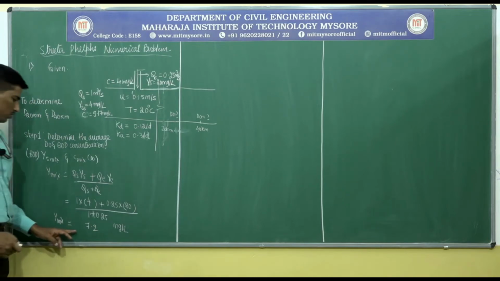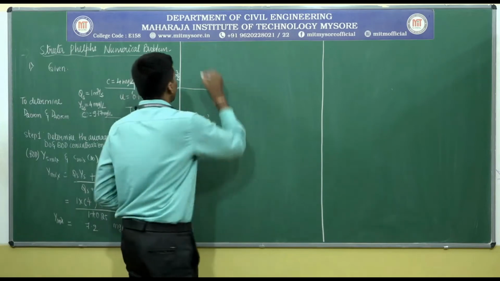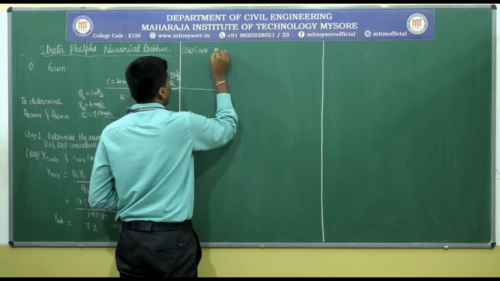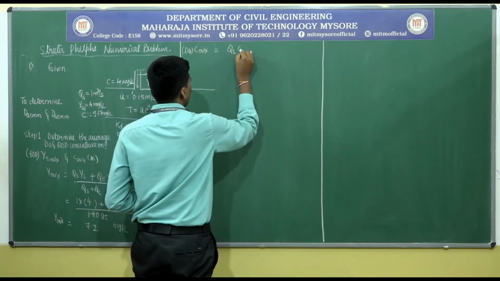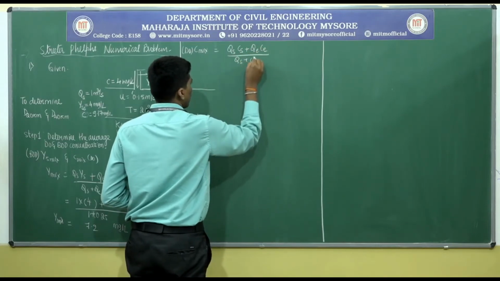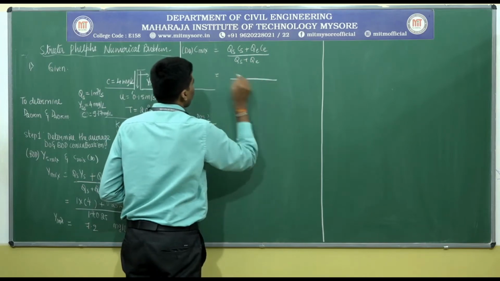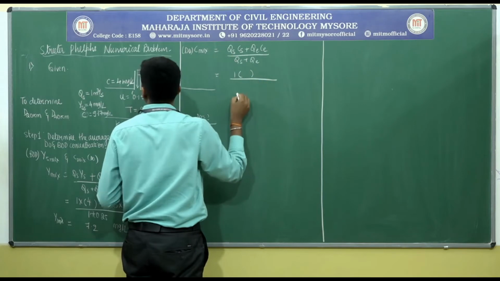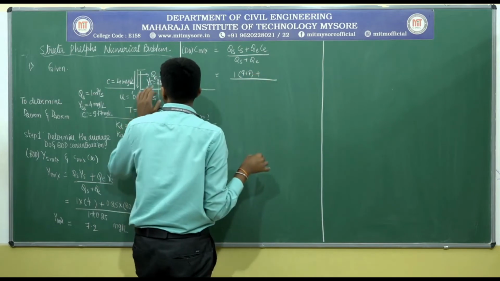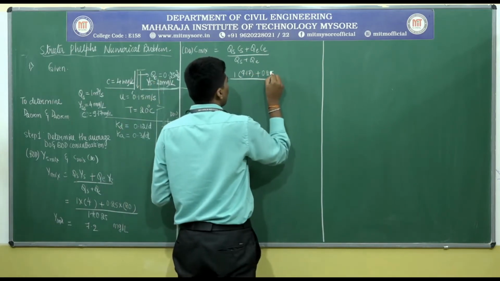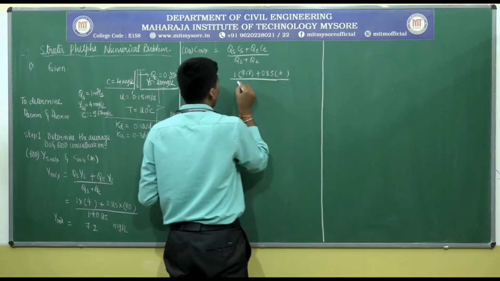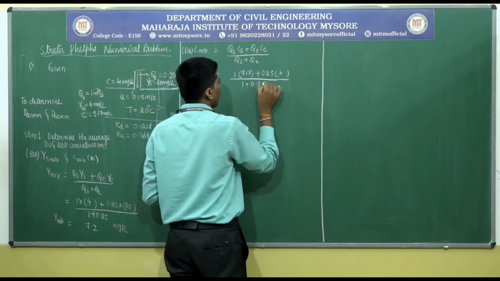Now we have determined the value of the BOD. Next is C mix. To determine the C mix, that is the DO mix, it is given as Qs into Cs plus Qe into Ce divided by Qs plus Qe, where the discharge is 1 into the concentration of the DO, 9.17, plus 0.25 into the concentration here, where C is given as 4, divided by 1 plus 0.25.